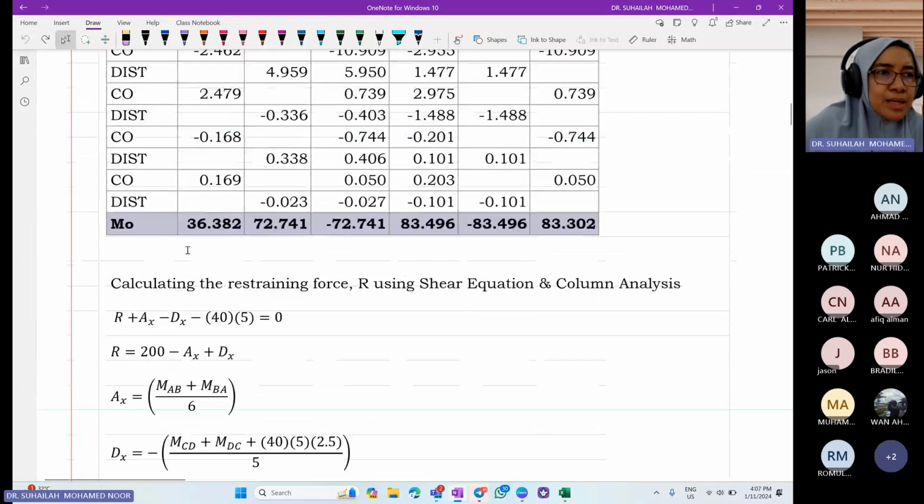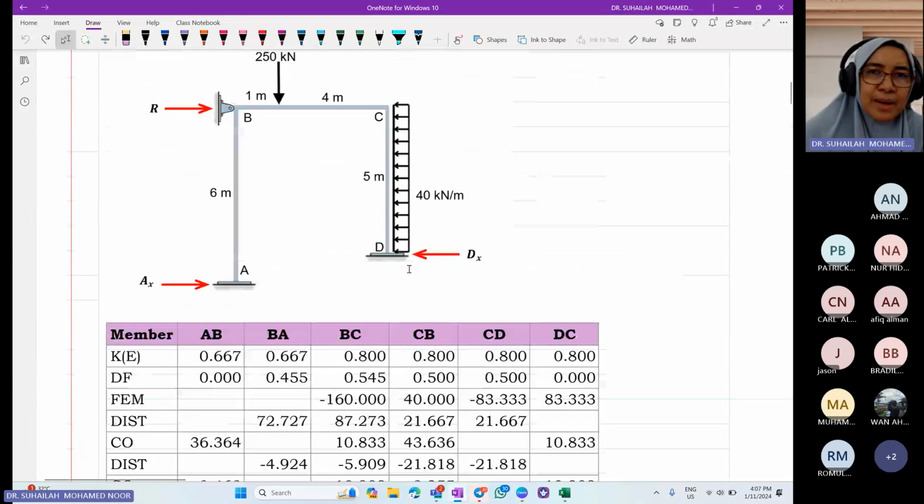After the table, after the M0, we have to determine R. This R must be obtained from all the horizontal reactions and horizontal forces in the diagram. So from all the horizontal forces and horizontal reactions, write one equation.